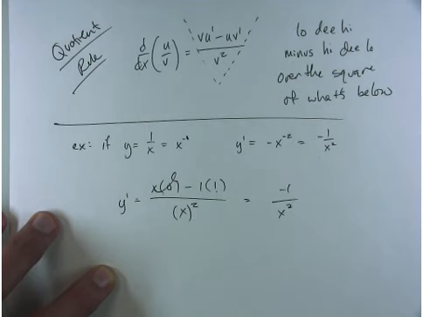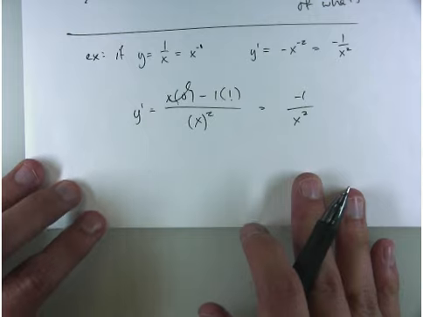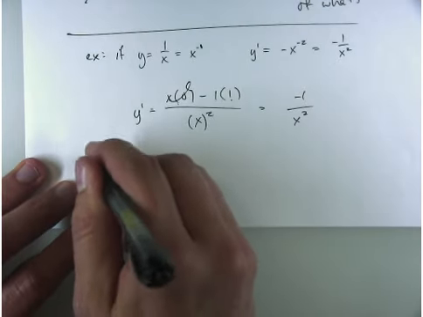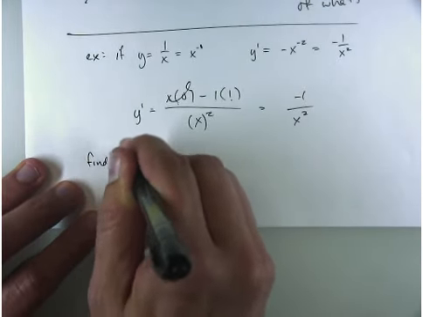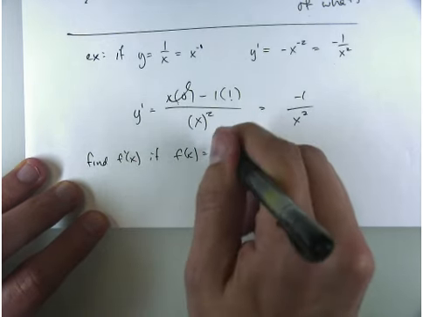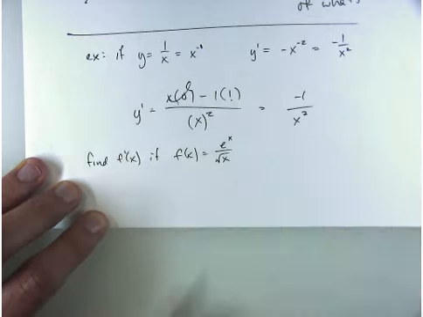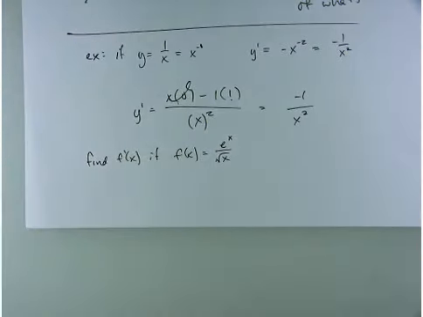You want to see it on something that we don't know? All right, that's fun. f of x is equal to e to the x divided by the square root of x. So this is interesting because there is no way that I would have been able to take care of this before, right?